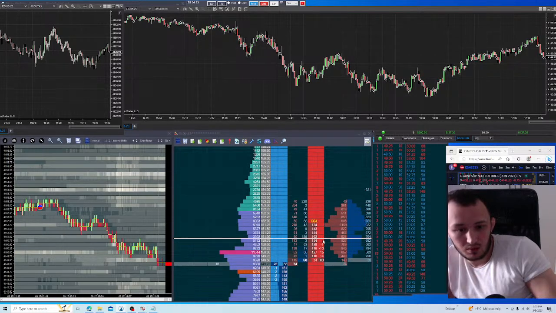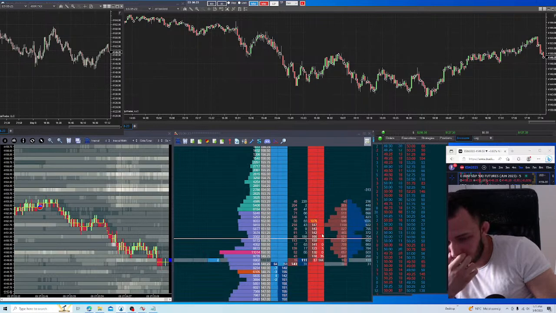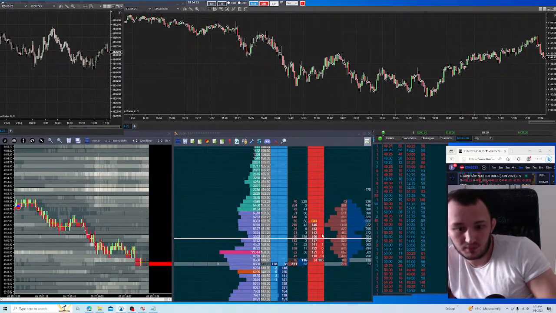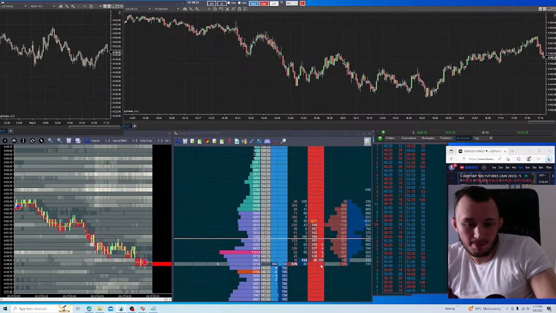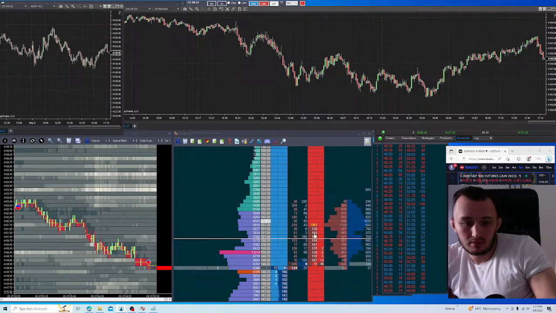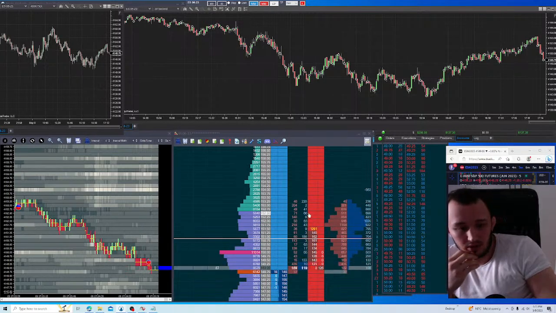No. I would love to short it here at 51s, but price didn't come all the way back. 52.50 would have been the entry here.